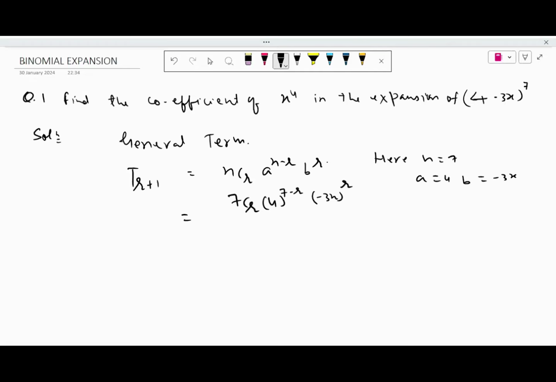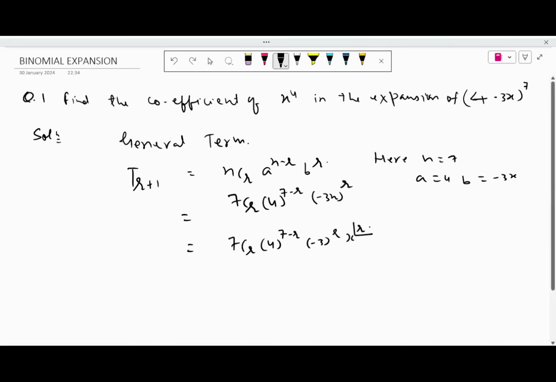By simplifying, we have 7Cr, 4 to the power 7 minus r, and negative 3 to the power r, x to the power r. If we need to find the coefficient of x to the power 4, that means the value of r must be equal to 4.